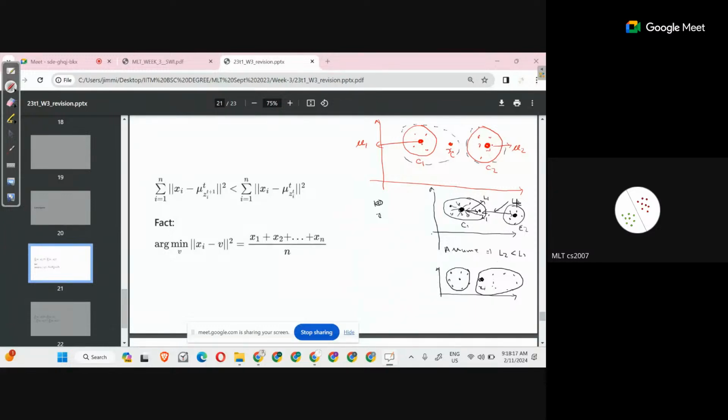Since L2 is lesser than L1, obviously after this assignment the sum of xi minus mu i will be lesser. I mean the distance from the centroid would be lesser for this point at least. For example, we are assuming that L2 is less than L1.